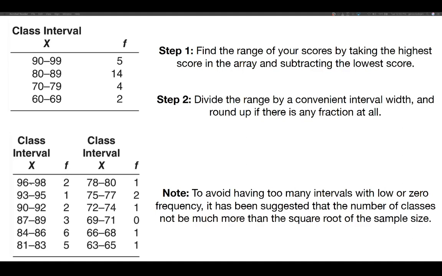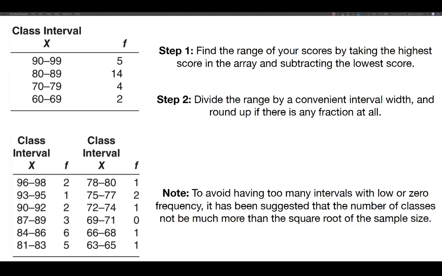So there are about 3 for our interval width. So we divide 36 by 3, and that would be equal to 12. So we now have 12 class intervals. We have the first 6 class intervals, and then the other 6.